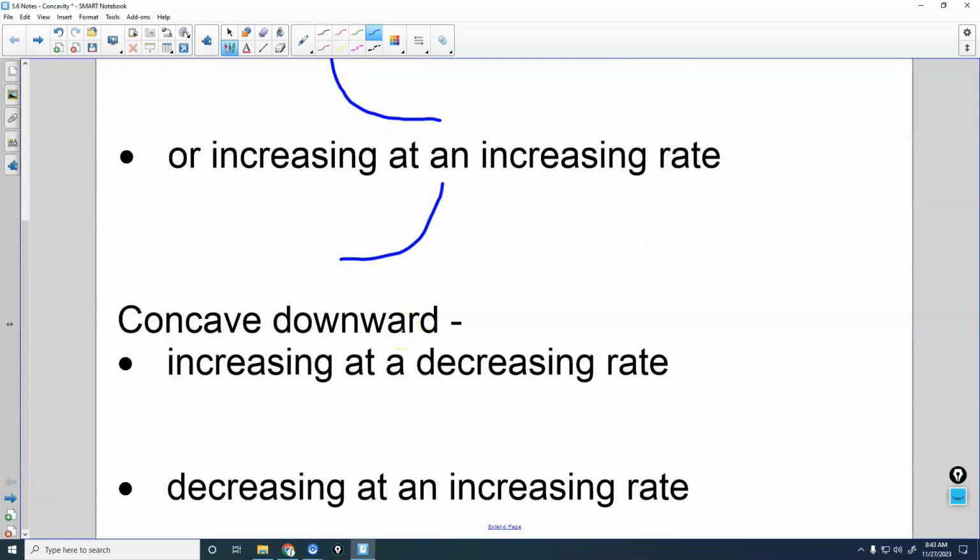Concave downward is increasing at a decreasing rate. Something that is increasing at a decreasing rate is going to be going up quickly at first and then slowly towards the end. If it's curved down like this, we would say that's increasing at a decreasing rate.